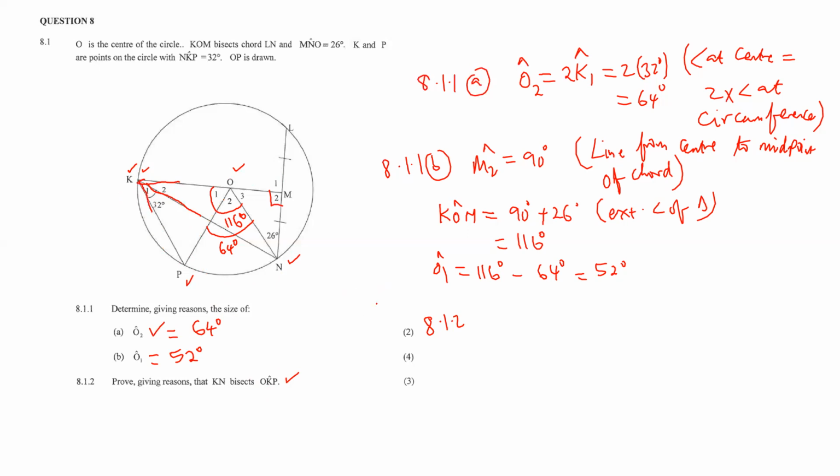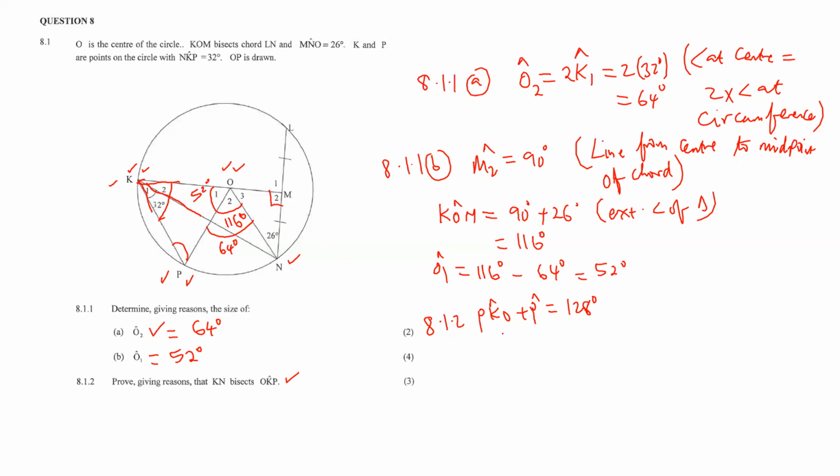To prove this, we need to first realize that angle PKO plus angle P is 128 degrees. Let's look at the diagram. We can see that angle PKO, when added with angle P, is 128 degrees, because we know that O1 is 52 degrees.